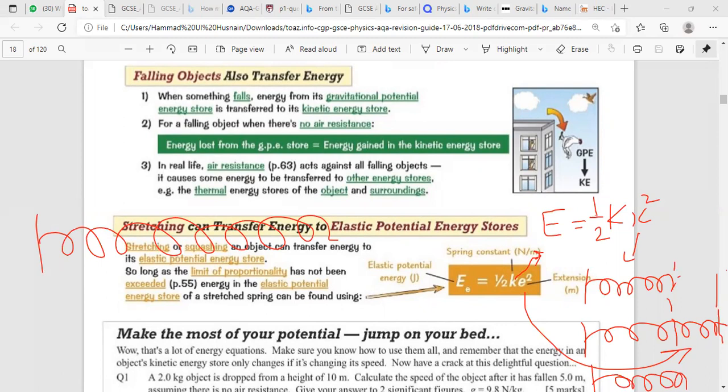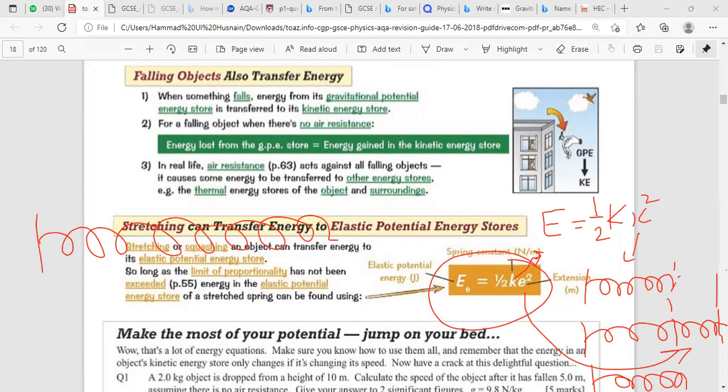It means that you have exceeded its limit of proportionality, or its elastic limit has been exceeded. So this is what is meant by "so long as the limit of proportionality has not been exceeded." If this limit is exceeded, this equation will not hold true. Is it clear to you? Yeah, I get it now.